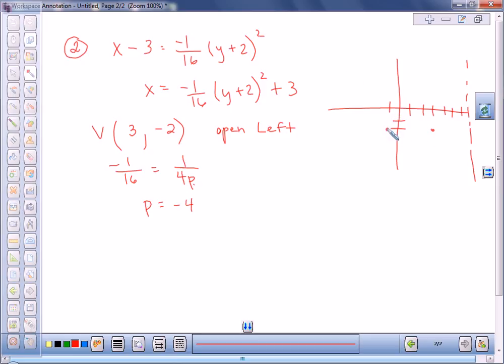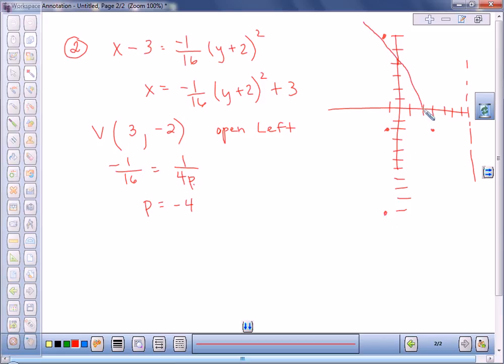There's our focus. And since p is 4, we can go up 8 and down 8 from our focus to get 2 points. Let's see. 1, 2, 3, 4, 5, 6, 7, 8. And then we'd go down 1, 2, 3, 4, 5, 6, 7, 8. So somewhere way down here. And this one's going to be nice and wide.